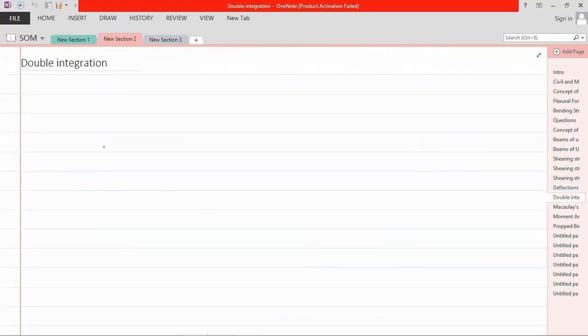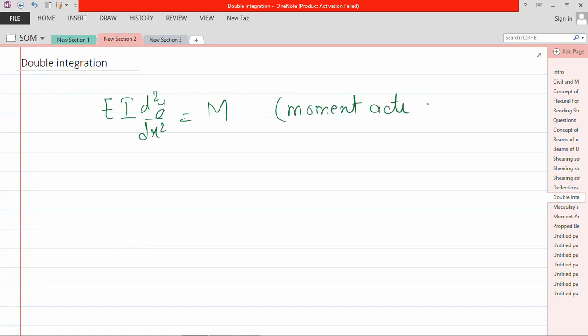A few things you need to remember is that the elastic property E into the moment of inertia I, times the double derivative of y, is equal to the moment acting on the beam. That is how we pronounce it: EI d2y by dx squared is equal to M. Suppose this is your beam.